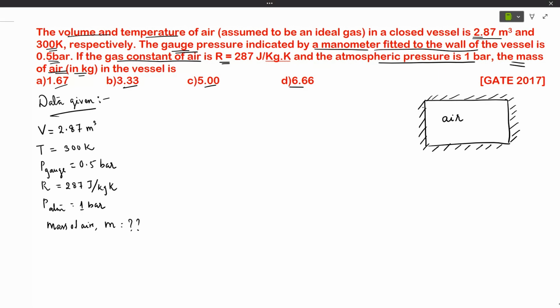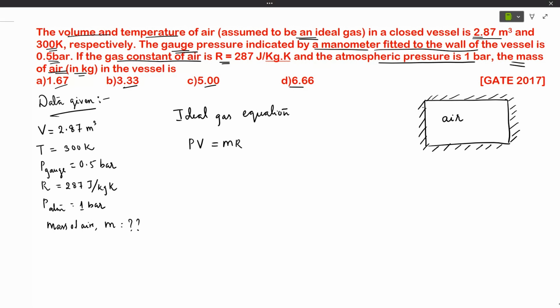Now which approach will we be using here? Let us consider the ideal gas equation. Why do we consider this? Because it is mentioned that we assume air to be an ideal gas. So that is PV equal to mRT.